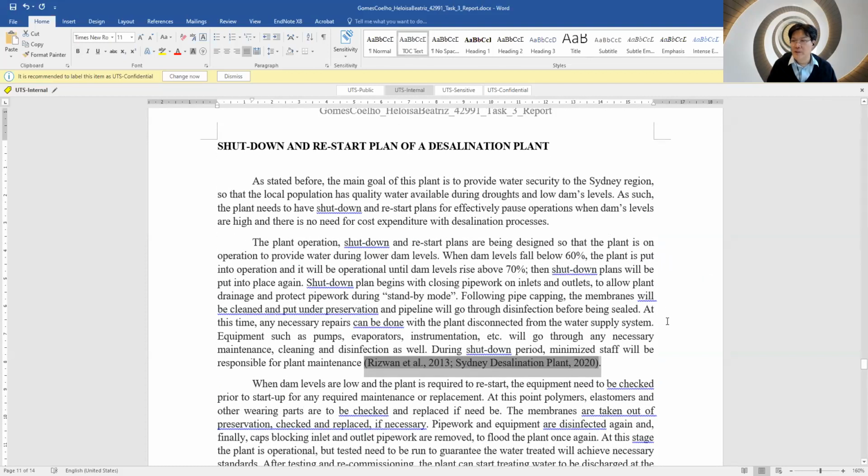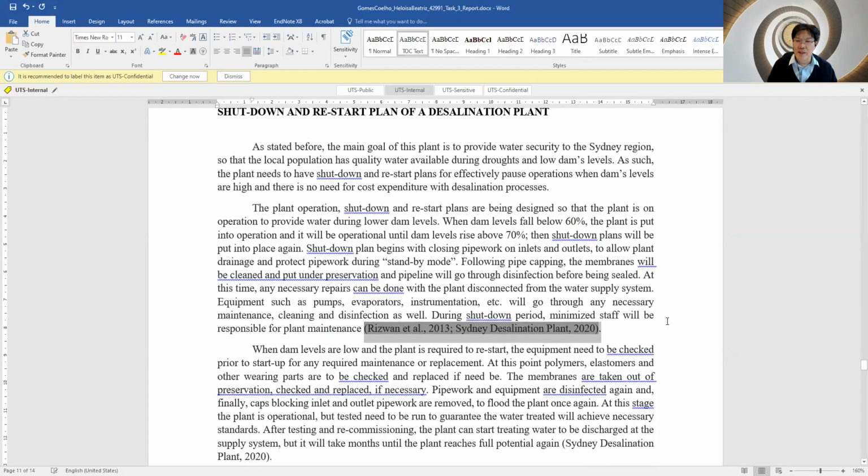So you can summarize your references and key points. If possible, I want you to utilize a table: how you can restart when the dam level is 60%, 70%, how much you can operate your desalination plant, 40%, 50%, and then how you can progress all the restarting points.